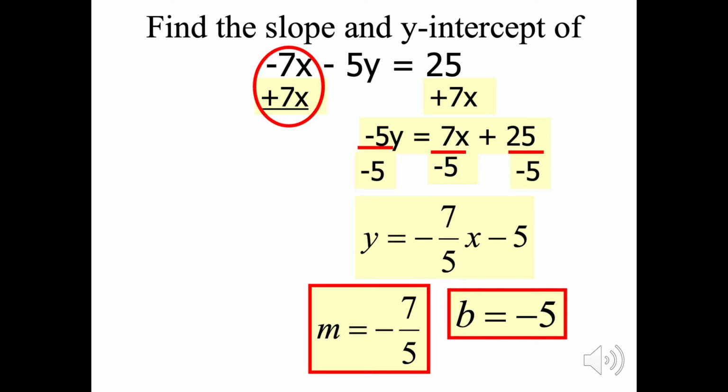This gives us negative 5y equals 7x plus 25. Now, you can see that there is still a negative 5 in front of the y. We can simply remove that by dividing the left side by negative 5 and the right side by negative 5. This leaves us with y equals negative 7 over 5x minus 5, with our m being negative 7 over 5 and our b being negative 5.